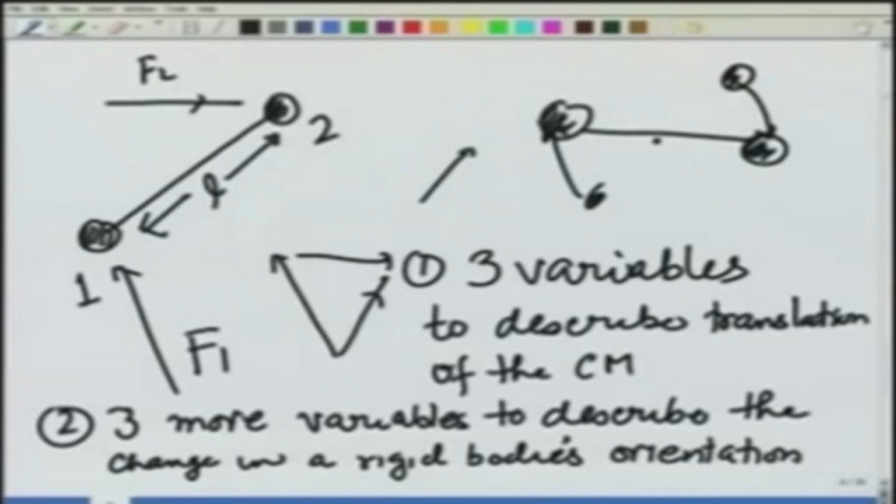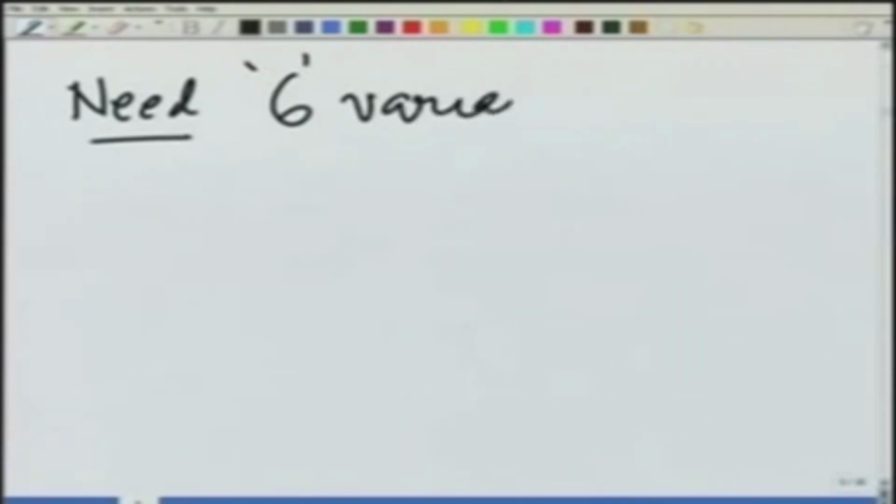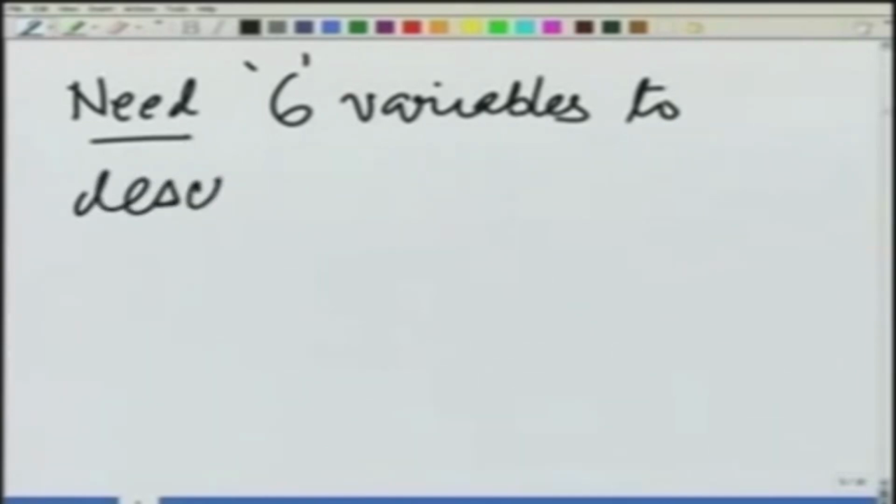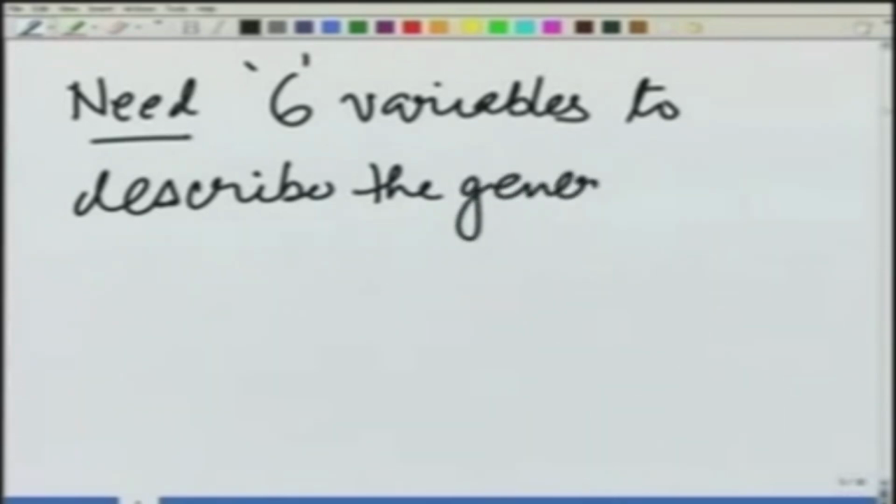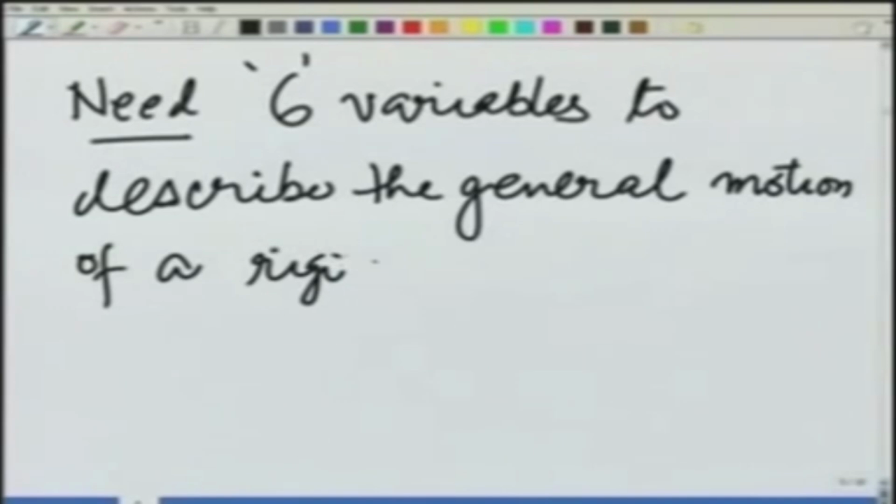You can think of these three variables to describe the change in a rigid body's orientation as three angles from three axes. So in general, what we learn is we need 6 variables to describe the general motion of a rigid body.